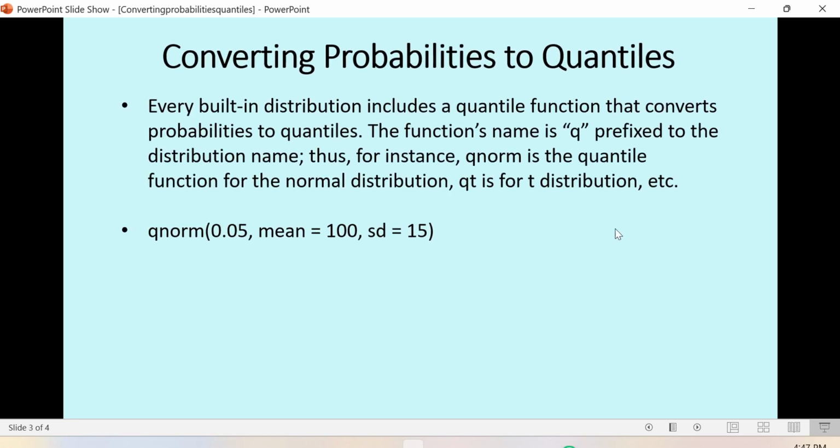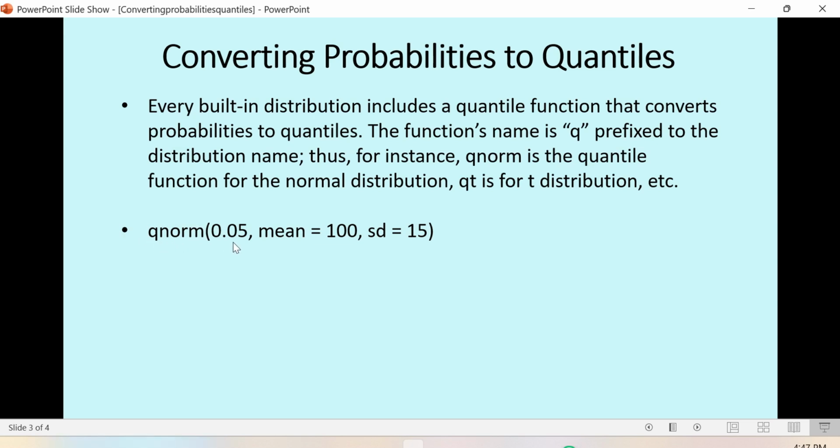And in R, there are built-in functions for quantile values starting with the letter q. For example, qnorm is for calculating the quantile value for the normal distribution.